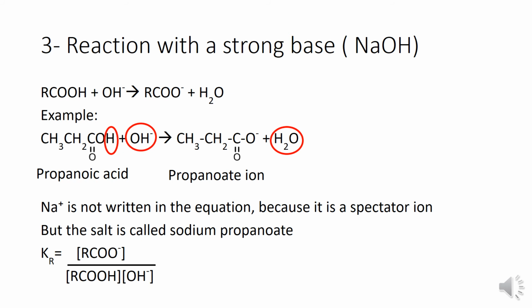Don't forget this one. And also we have the Kr. The reaction constant here is equal to the concentration of the conjugate base RCOO- over the concentration of the carboxylic acid times the concentration of the OH-.